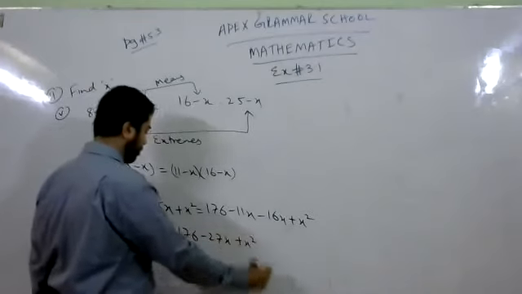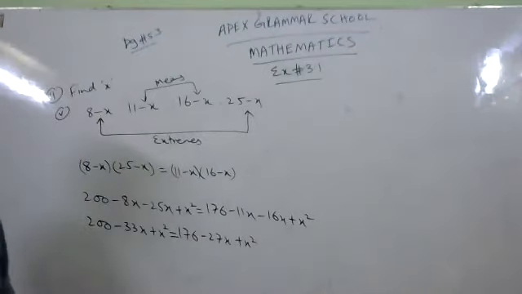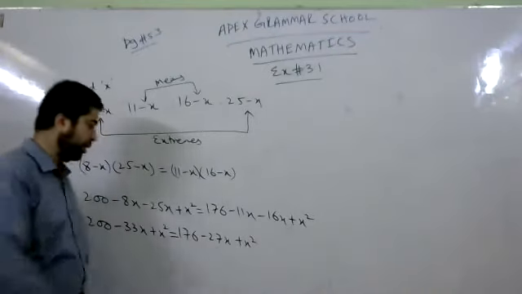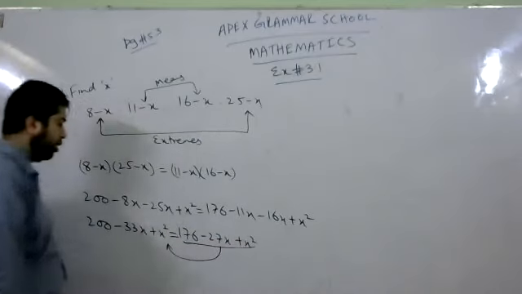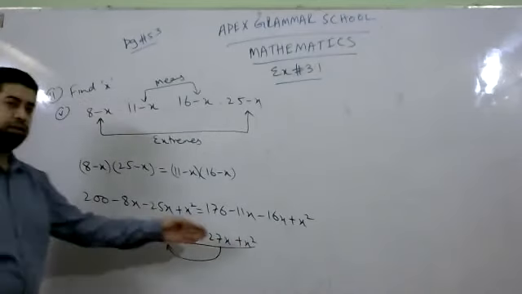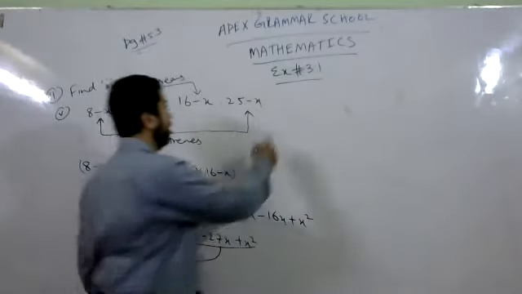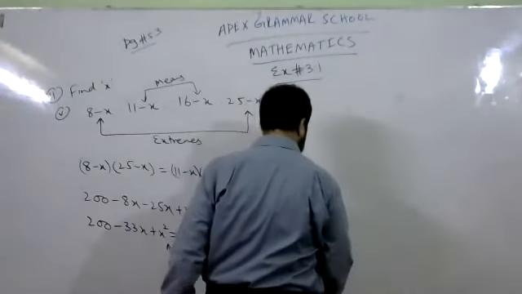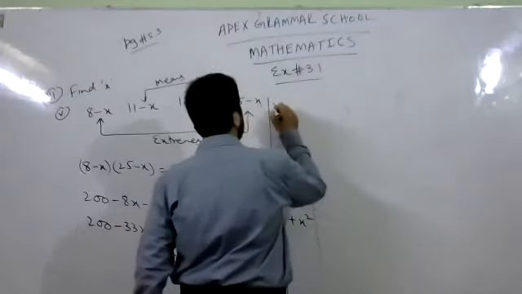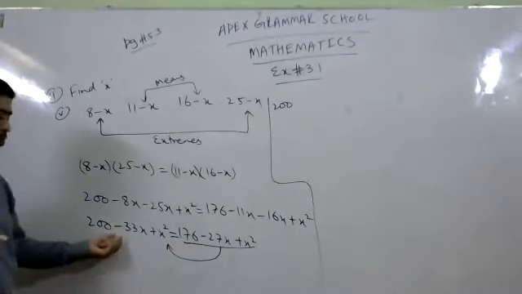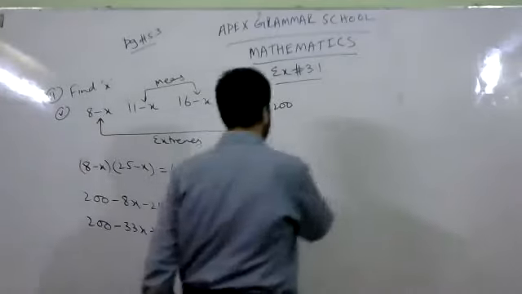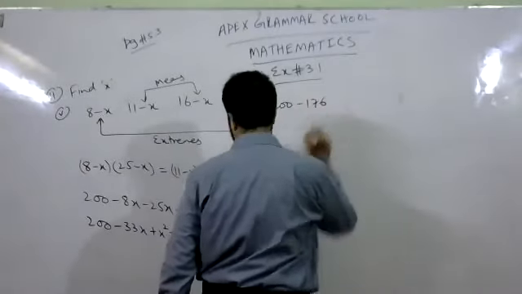and plus x square. Now we need to move all the values towards the other side of equality. That makes all the signs totally different and changed. 200; this 176 positive will make minus 176 if we move it there.